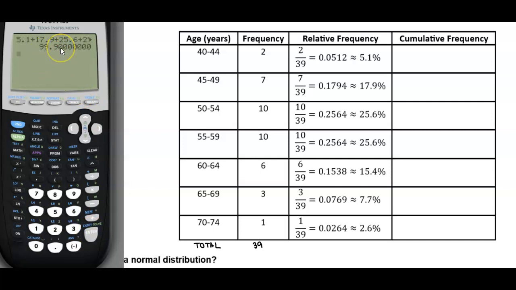So it's 99.9, which is slightly under 100%. And therefore that represents our relative frequency.